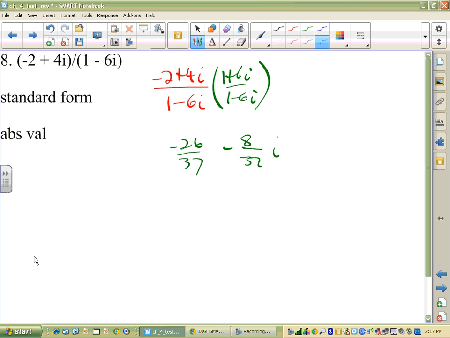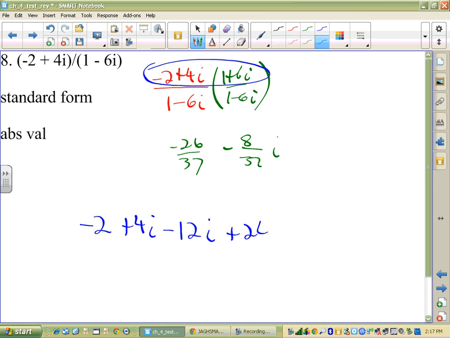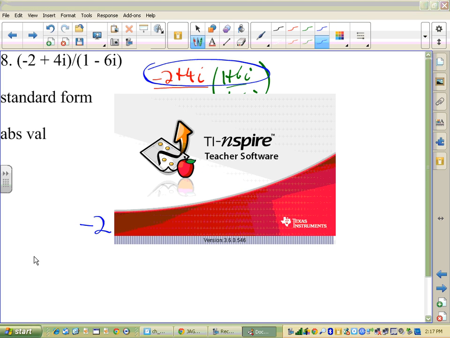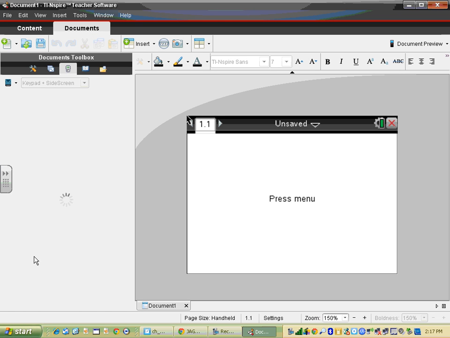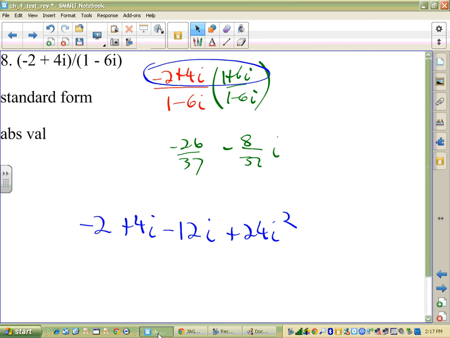What happens in the numerator up here is I FOIL, and I get negative 2 plus 4i minus 12i plus 24i squared. Everybody with me there? You'll see. So watch this. FOIL.